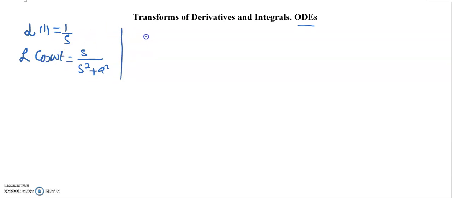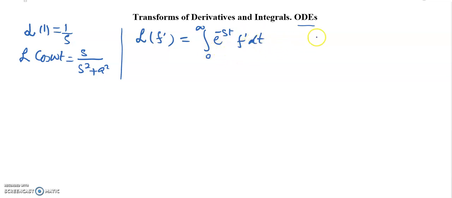So how about the Laplace transform of the derivative of a function? For example, f is a function of t and its derivative is f prime. What is its Laplace transform? We can find it by this integral, e to the power minus st times f prime dt.